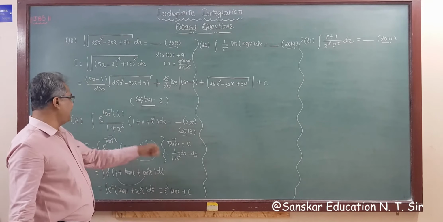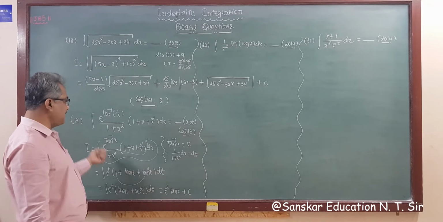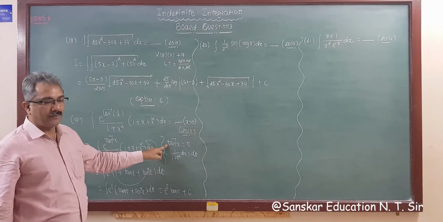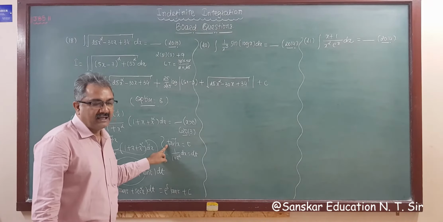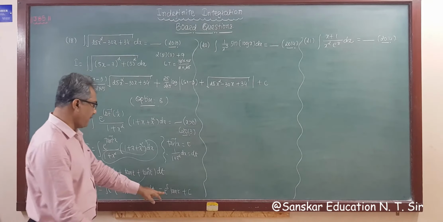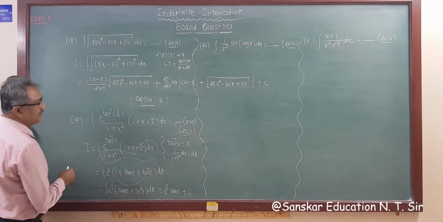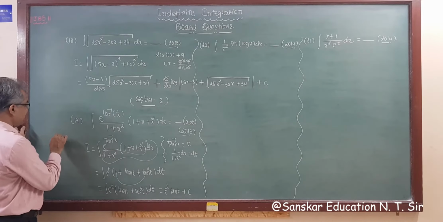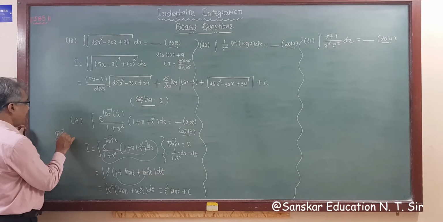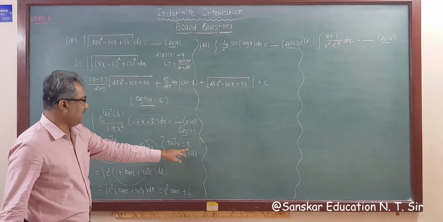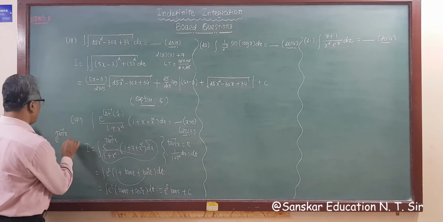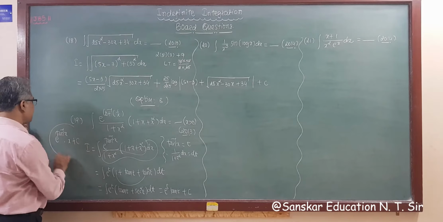Now e raised to t is e raised to tan inverse x. So your proper answer from the options is e raised to t. Right? I am writing here. So e raised to tan inverse x into tan t, tan t is x. So x plus c. This is your answer.